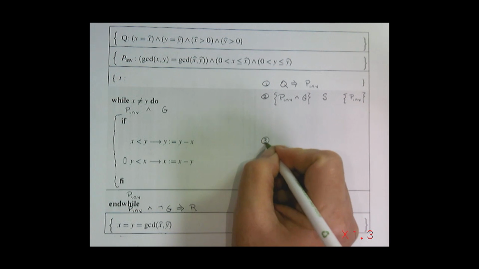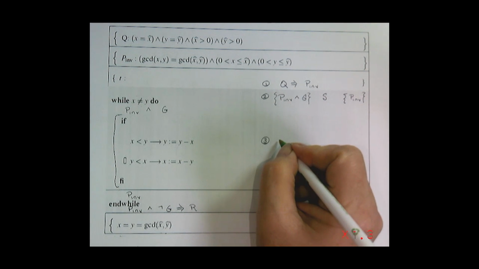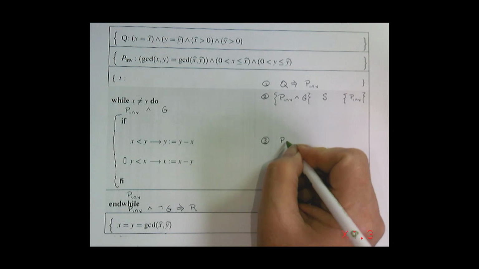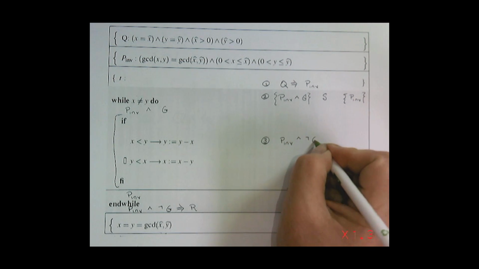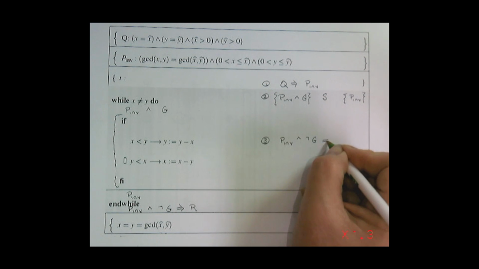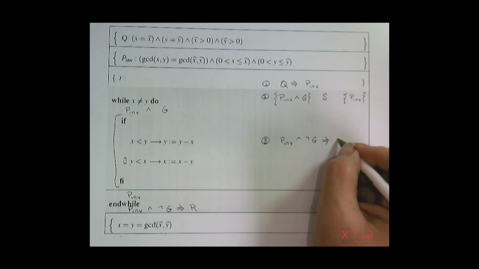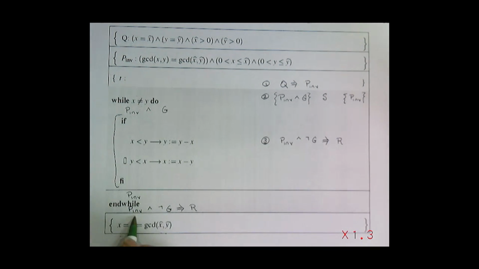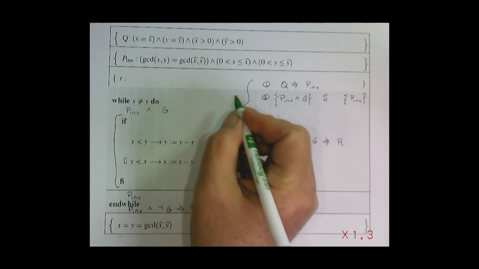Then we need to show that if the invariant holds but the guard does not, we exit the loop, and that should leave us in a state satisfying the postcondition R. Now, these show partial correctness.